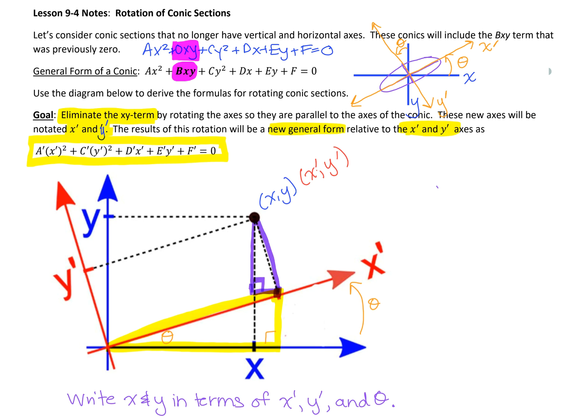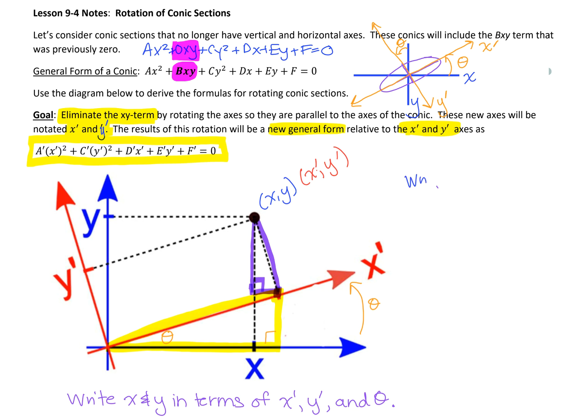So I have the yellow triangle, and then I have the purple triangle. And what I want you to do right now is think about the sides of those triangles and write the sides of the triangles in terms of x primes and y primes and thetas.